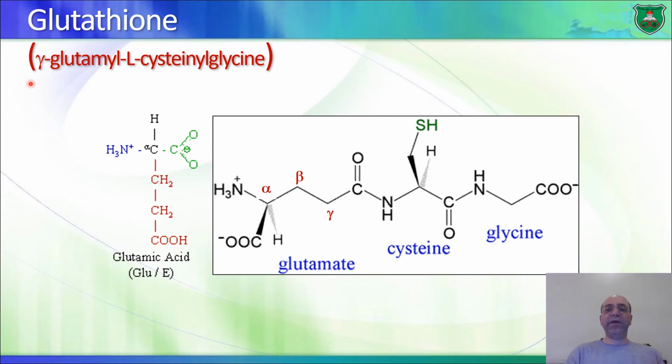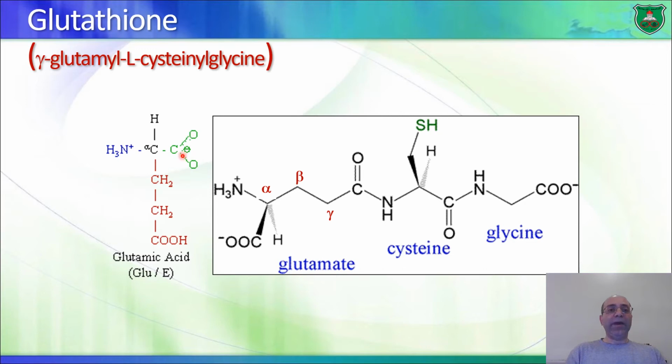Now, gluta, by the way, means 5 carbons, so this is an amino acid that has 5 carbons. Now, this is the normal structure of glutamate, the usual structure of glutamate. So right here you have the central carbon, the alpha carbon, and what you have in here is the amino group, and then this is the carboxyl group.